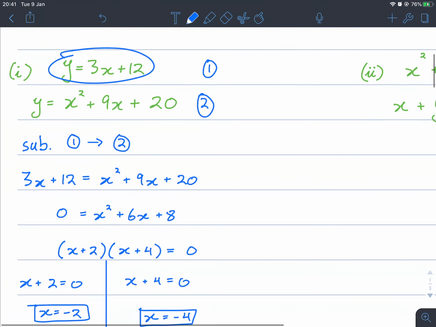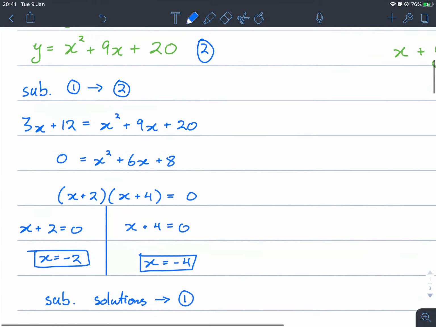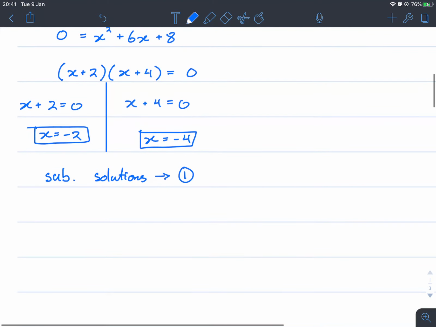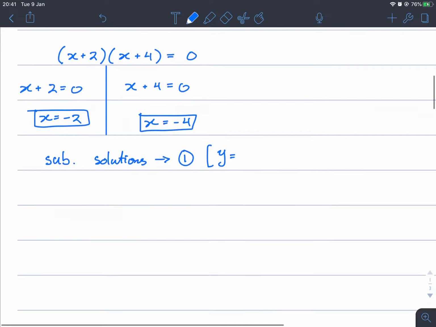You could substitute it into equation 2, and you should get the same answer. So my equation 1, let me rewrite it here so I can see it. y equals 3x plus 12.